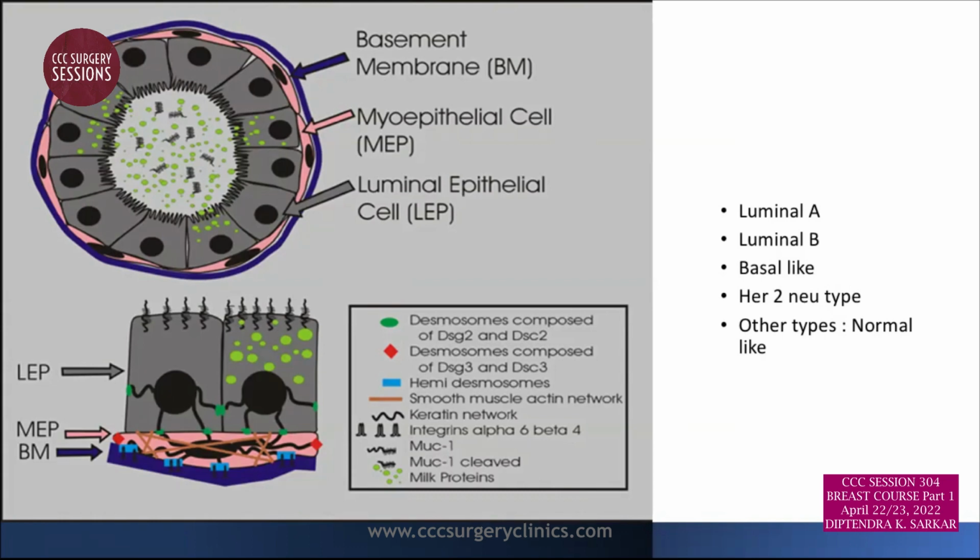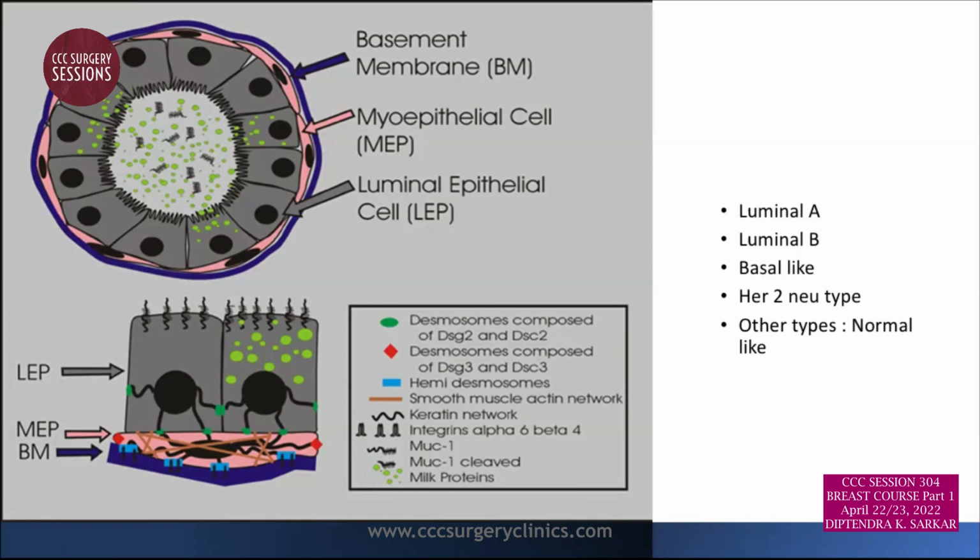But today we understand that this is not just a cell which controls the contraction of the tubules or the terminal duct lobular units, but a cell which modulates and protects the inner luminal cells, like parents outside, and liberates a large number of proteins which protect and prevent any atypical change that happens in the luminal cells.